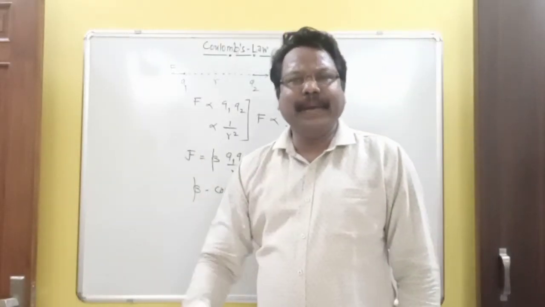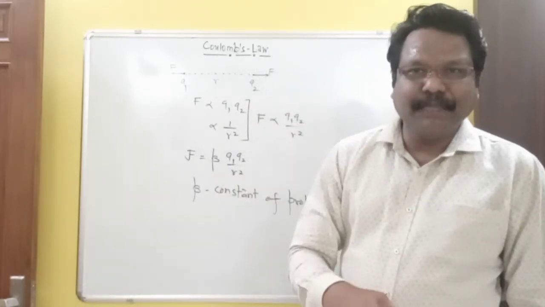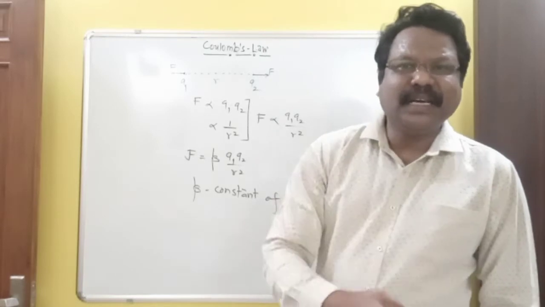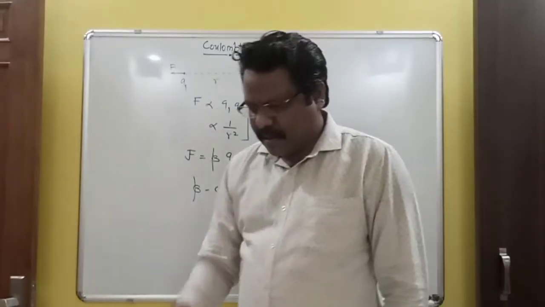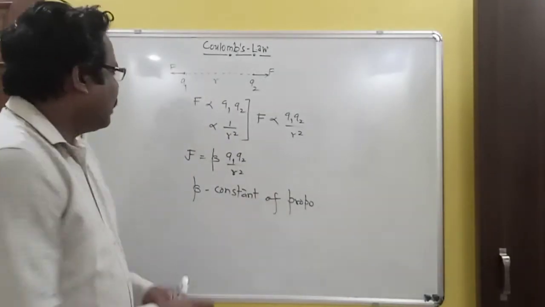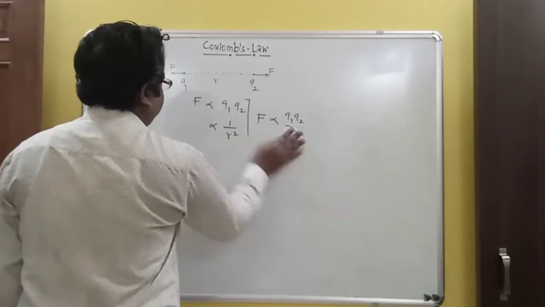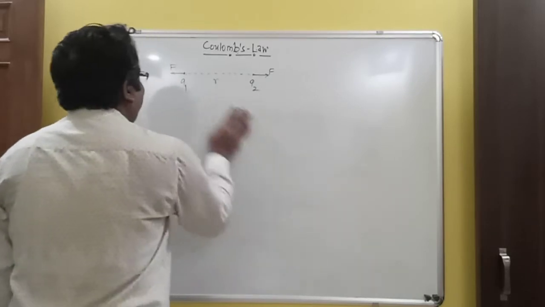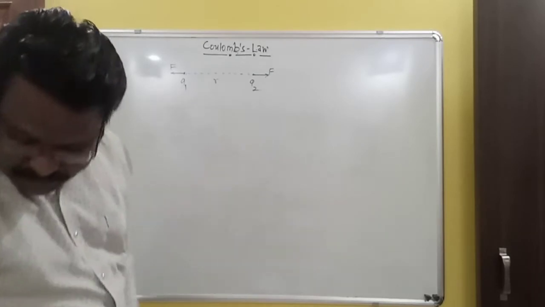What will be the value of beta in SI system? What will be the value of beta in CGS system? What will be its value in CGS in medium, CGS in vacuum? Let us go through that. And in that way, when you define this beta in different ways, you will have different forms of Coulomb's law, Coulomb's force, right?